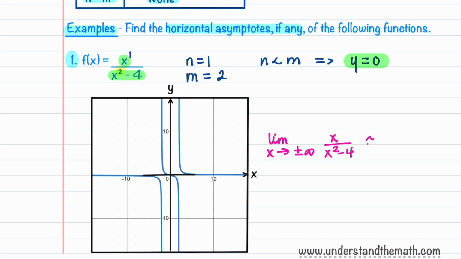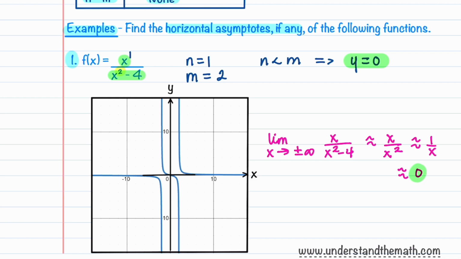So we can approximate this as x divided by x squared, just dropping the minus 4. And then x divided by x squared is just 1 over x. And as x gets really large or x gets really small, that's like taking 1 divided by a really big number, and that is going to equal 0, which is exactly what our horizontal asymptote is.